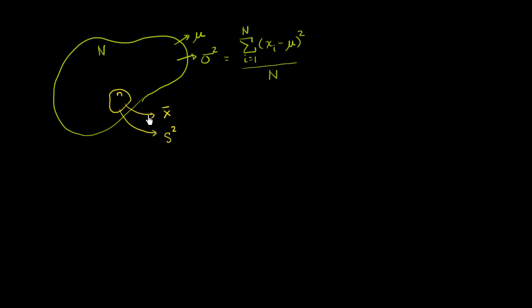Now this is where it gets interesting, and this is the purpose of this challenge. When you look at sample variance, it might be natural to calculate the sample variance the same way you calculate the population variance. Essentially figure out the variance of the sample.